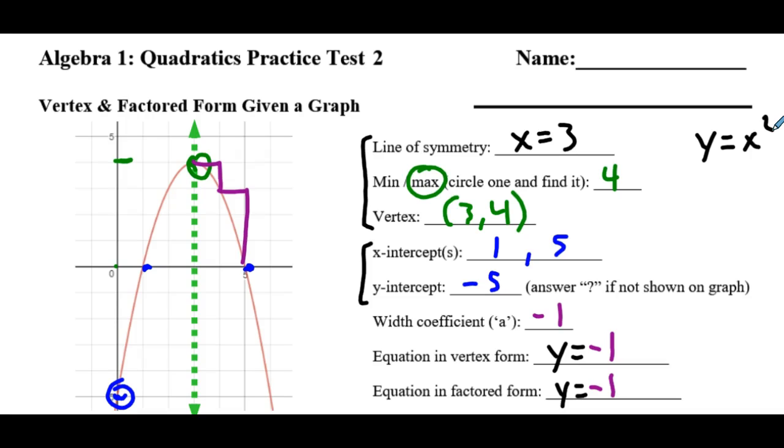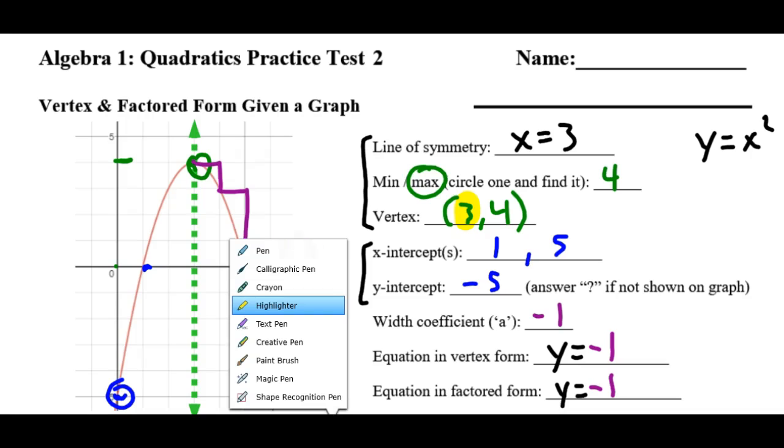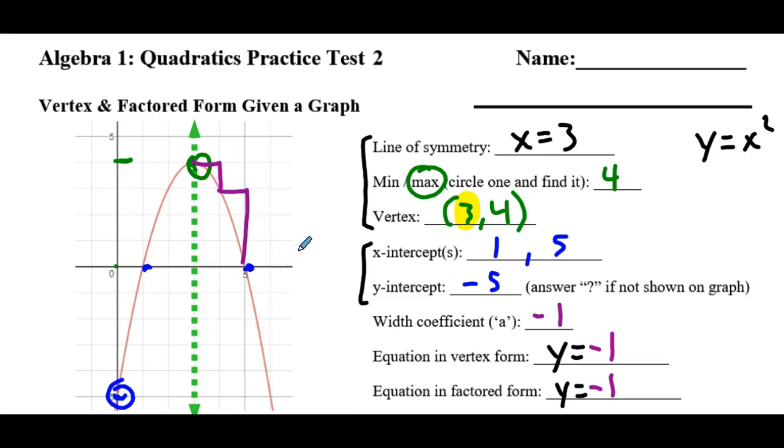And in this case, our vertex is at 3, 4. And so if we look at that positive 3, it means we had to move to the right 3. The way you do that with the translation is you write it as x minus 3.